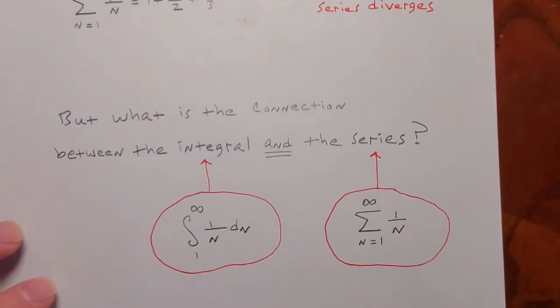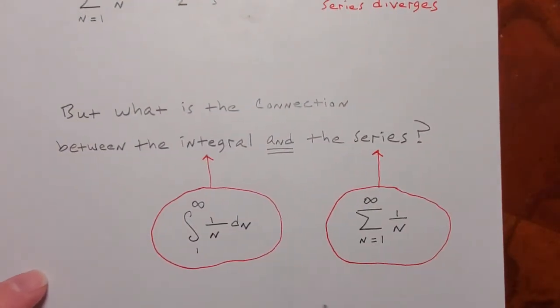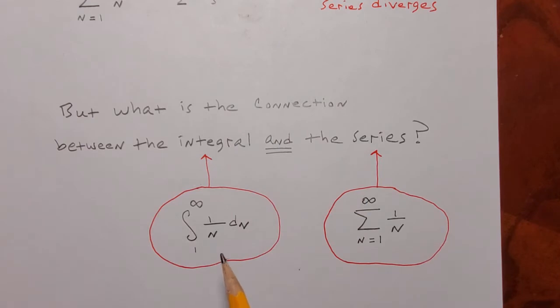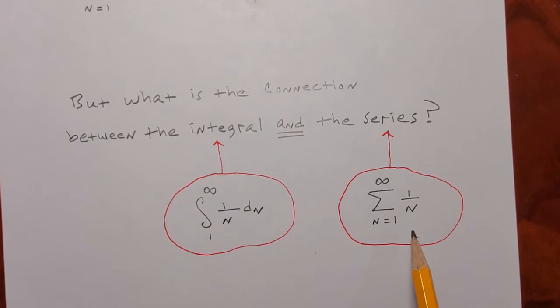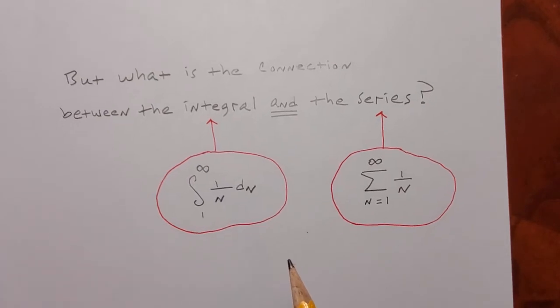But here's what I really want to address now. What's the connection between the integral and the series? If the integral diverges, why does that show us that the series diverges? I mean, they look like two different things. But you might remember that an integral is based on a Riemann sum.